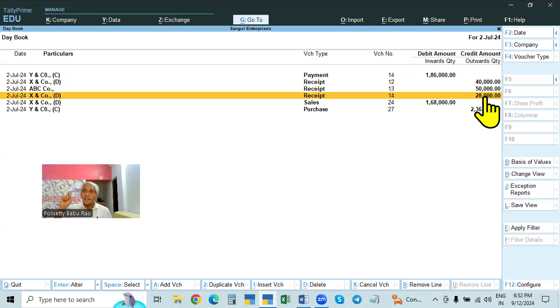The check being bounced means the bank account we deposited in was debited, and that bank collects the money from the other bank. Check bounce means the amount is not received by the bank. So the bank was debited when you deposited, but now it is not receiving the money, so that has to be cancelled. The bank account is to be credited, and his amount was paid, his balance closed. But since the check is bounced, he will again become a debtor.